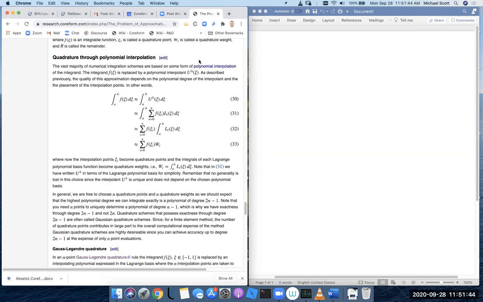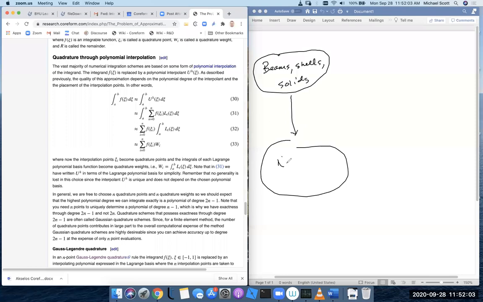If you have a structural problem, let's say something with beams, shells, solids, we'll just say it's incompressible, so it's really simple to understand. What I'm saying is usually you have some nodal FEA solution. Let's say you pick degree P, and you use the same degree everywhere for everything, with displacement U of degree P. And that may lock.